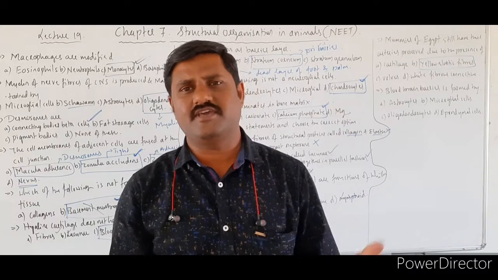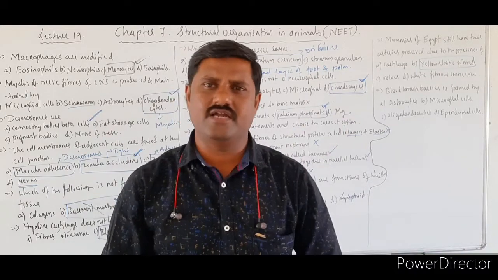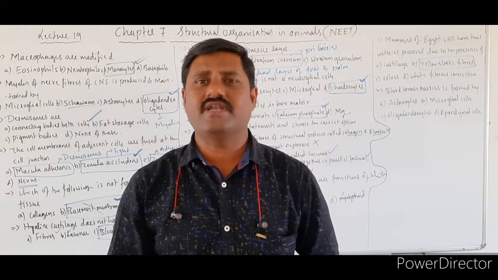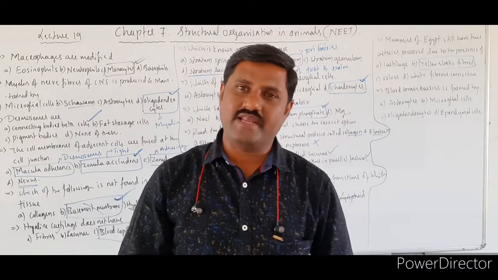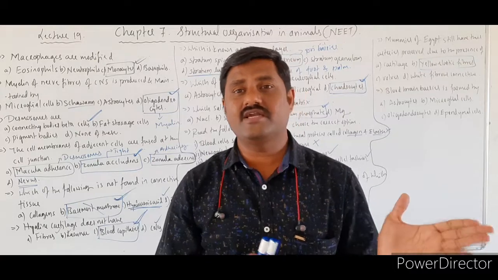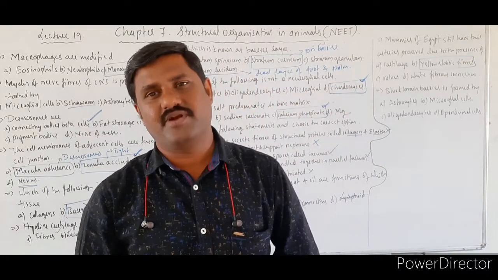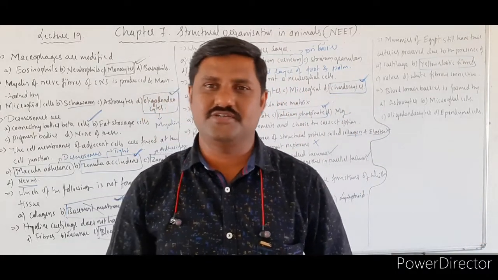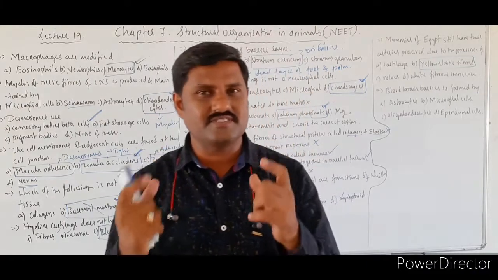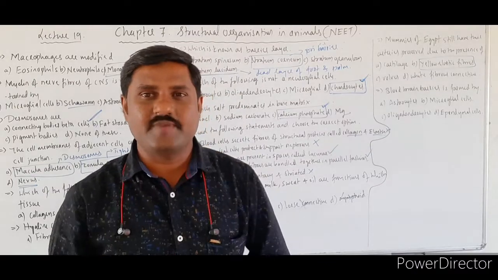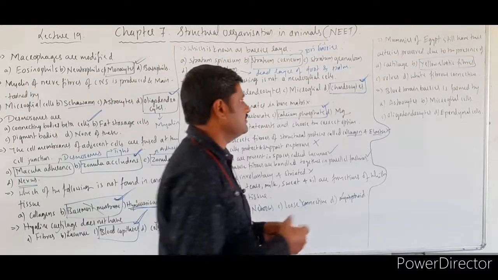So what happens if the blood directly enters into the brain tissue? Many of the pathogens, many of the microscopic organisms may enter directly into the brain and damage the tissue itself. So to avoid these, there are some specialized cells, they act as the barrier. And what are those specialized cells?